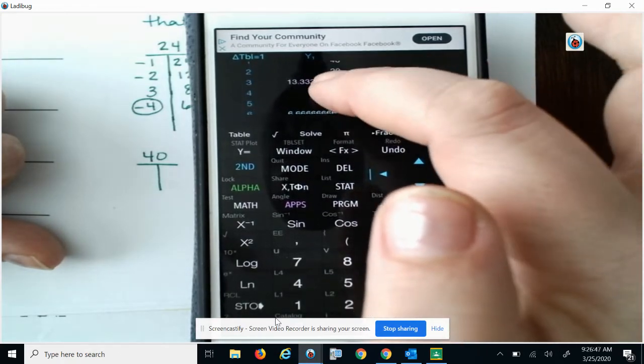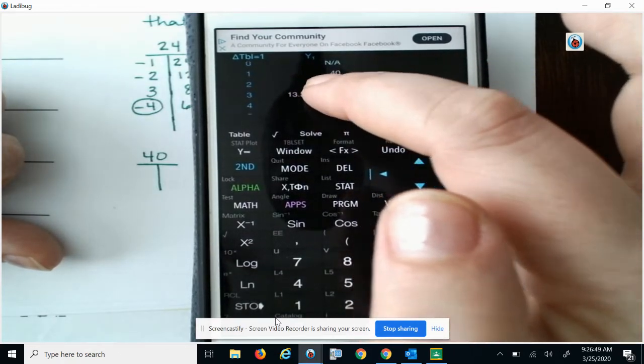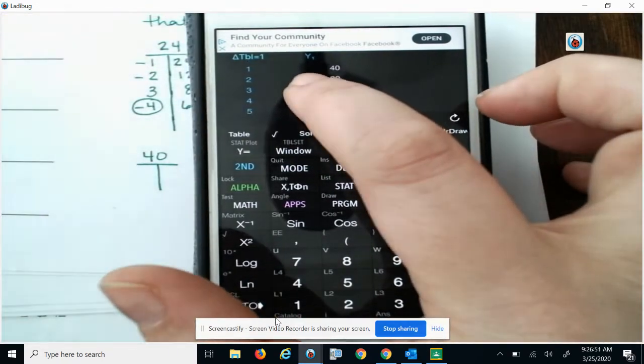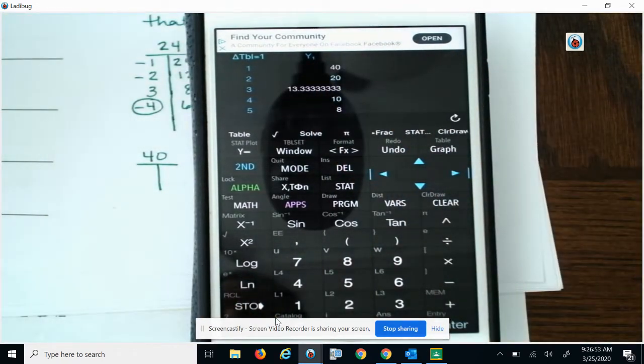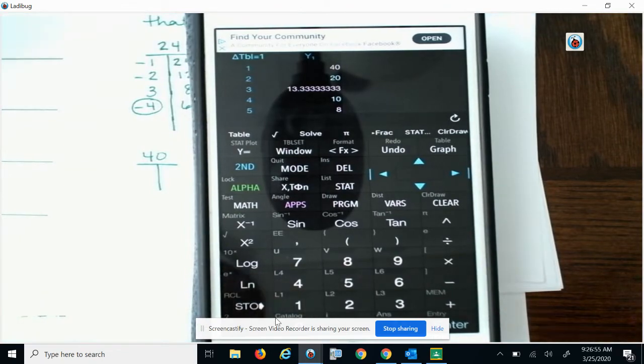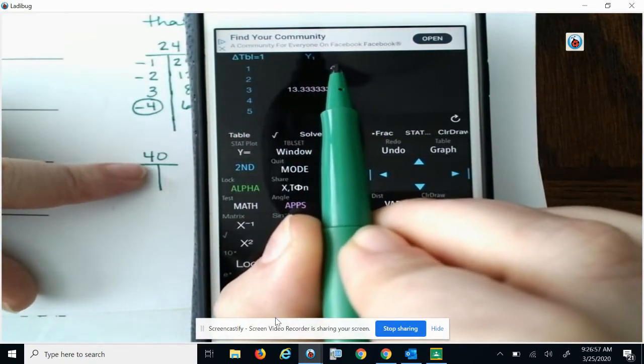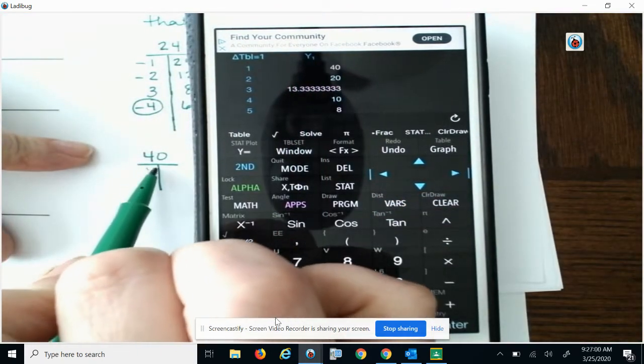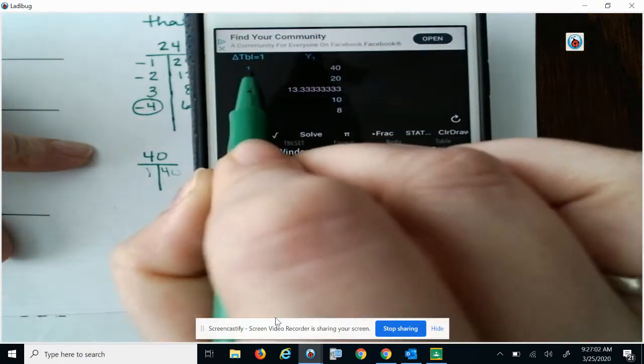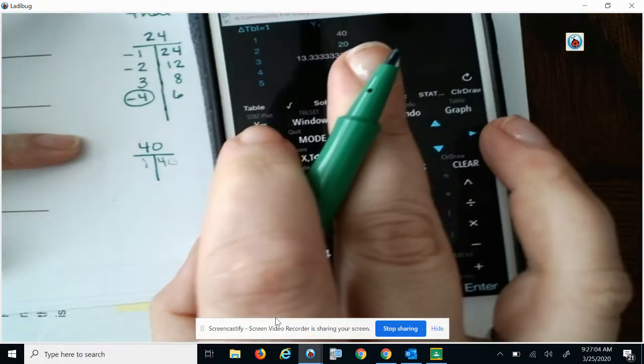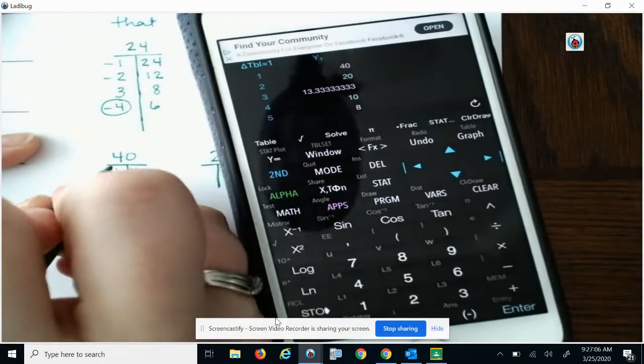You want to look for the whole numbers, right? So start with 0 because we just want positive numbers. We're not going to worry about negative numbers right now. So you have 1 and 40, 2 and 20. I'm going to move this a little bit so I can write.